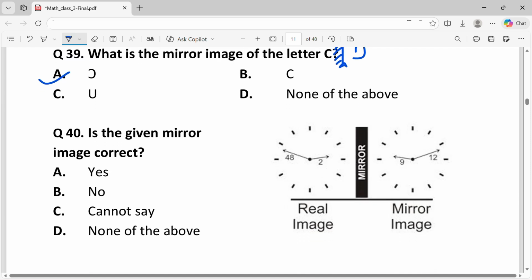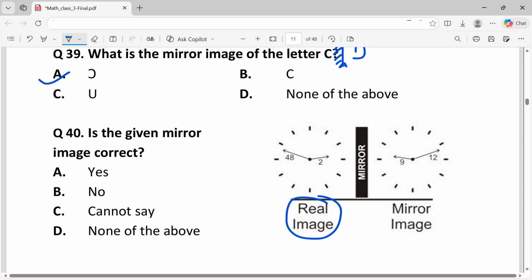Question 40. Is the given mirror image correct? We can see that the mirror image is of a wall clock. In the first image, that is the real image, the hour hand is after 2. So the time shows 2, and the minute hand is somewhere at 48.